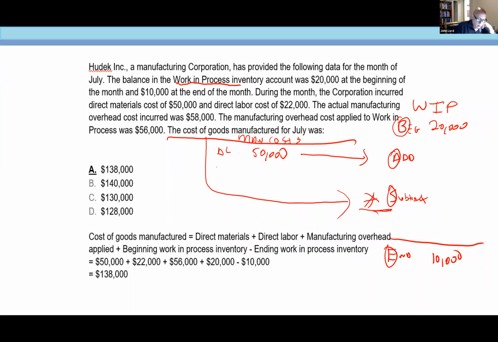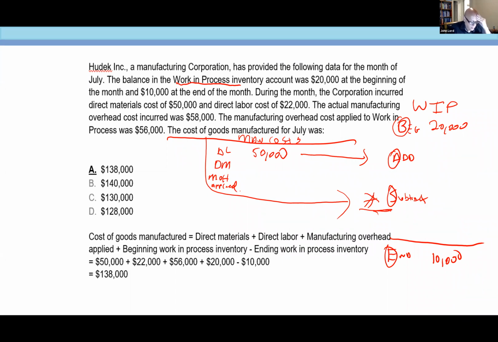What else? What are my manufacturing overhead costs? My direct material and my manufacturing overhead, the actual or the applied? Applied. That's the whole reason of having an applied rate, so I can apply it to my work in process, right? Okay, good.